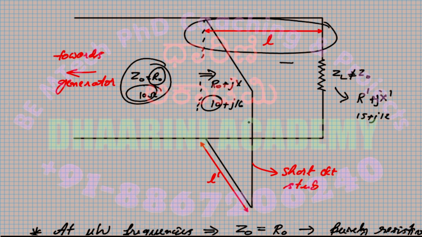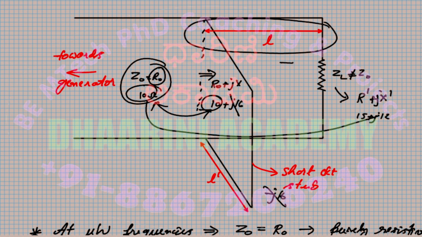Why do you do that? Because the short-circuited stub will be minus j16, so that the 16 cancels and your remaining 10 will match this 10. That's the only reason. I am not able to match the 10 with the 15. Whatever you do, on the right-hand side I have 15 which is the load and 10 which is the Z0. You are not going to match that in any case.